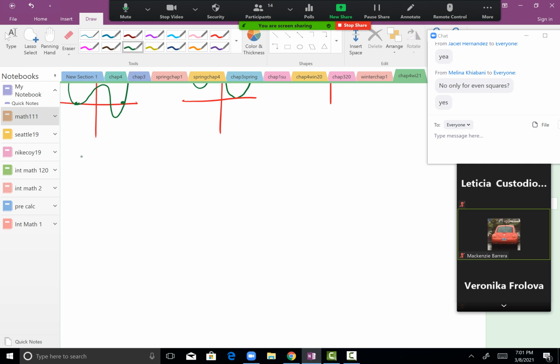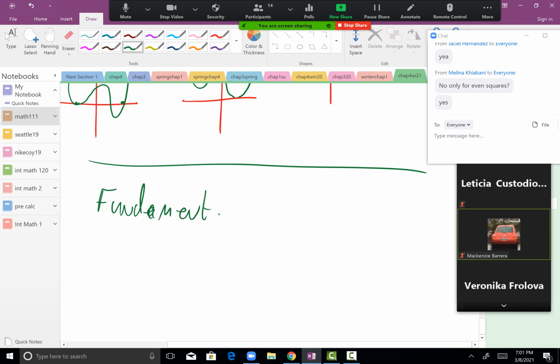And that is this. It's called the fundamental theorem of algebra. And you would think it'd be something different, but this is what it is.